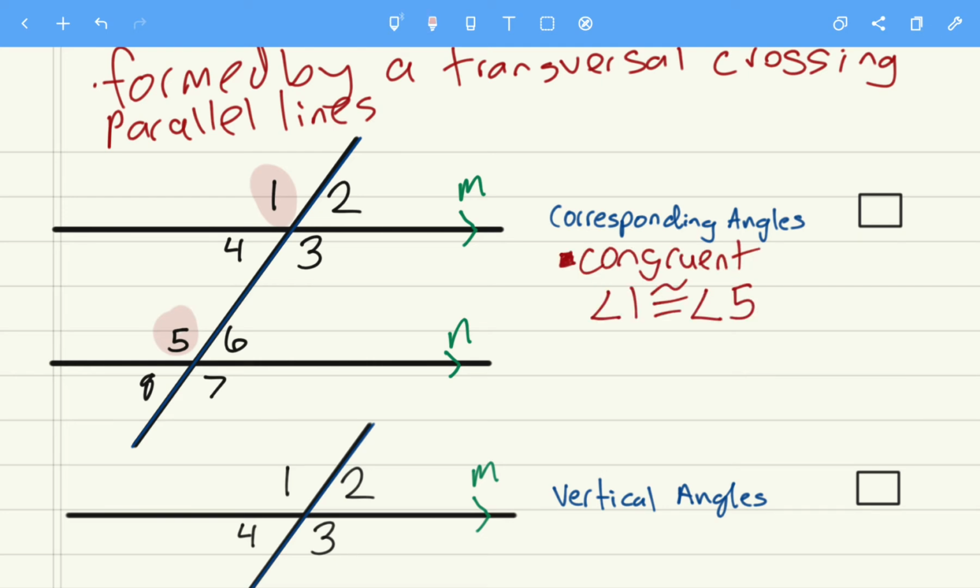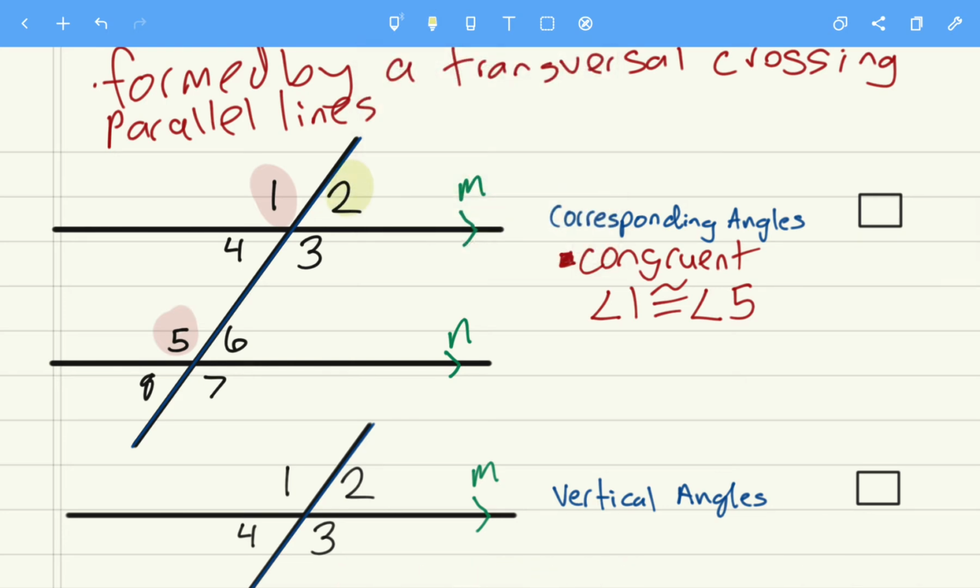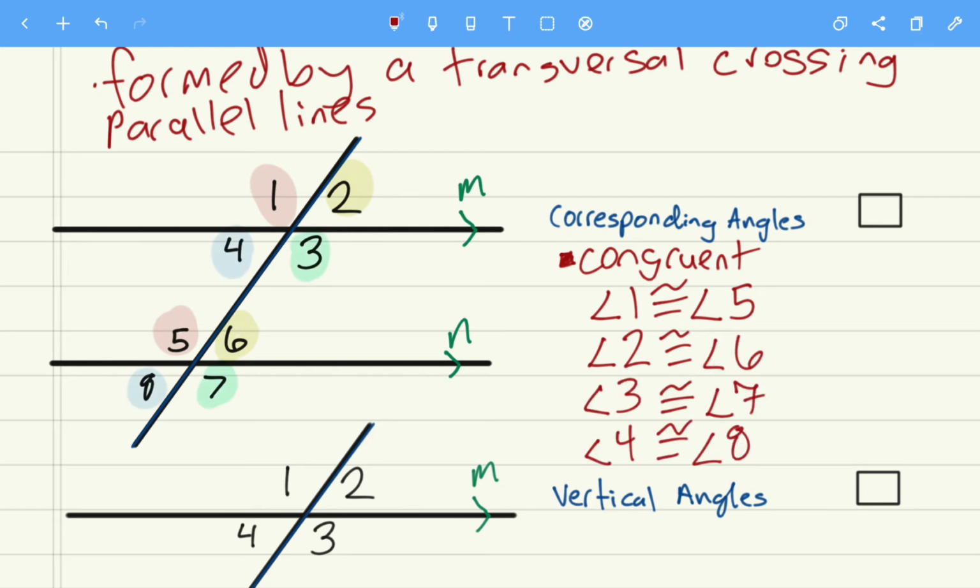We can also say angle 2 and angle 6 is another set of corresponding angles, which makes these congruent as well. I've filled in the rest, so feel free to pause the video here. But basically, angles 3 and 7 are also another set of corresponding angles, and 4 and 8, which makes each pair congruent.